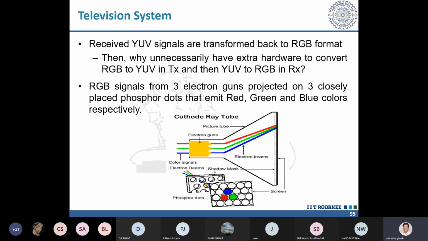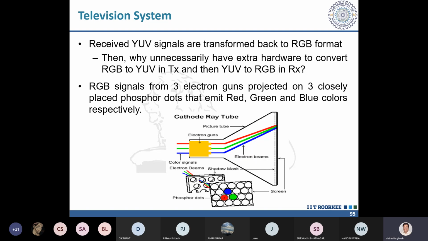They would receive either R or G or B. They cannot receive all three because the television set is for only one signal. So if they receive only R, they cannot see the picture properly. They would be seeing only how the red component of the signal is changing. So they need that brightness signal.